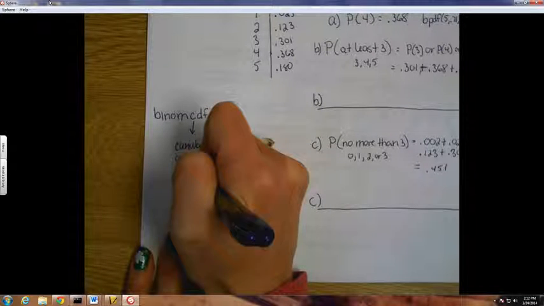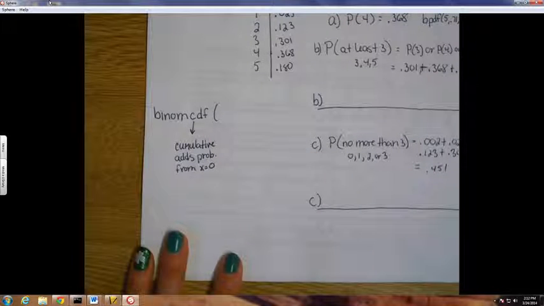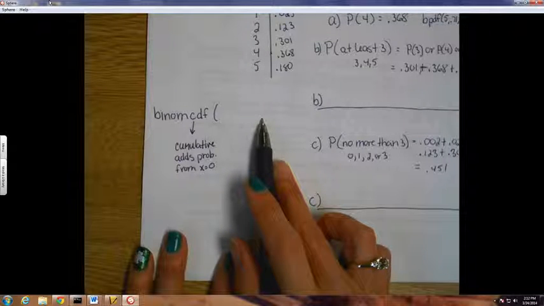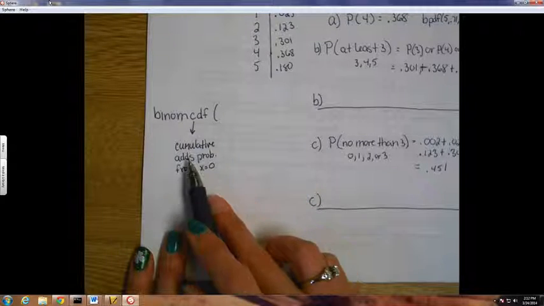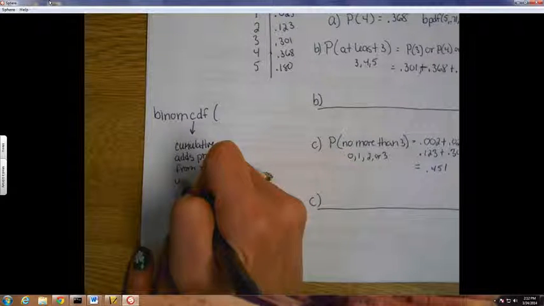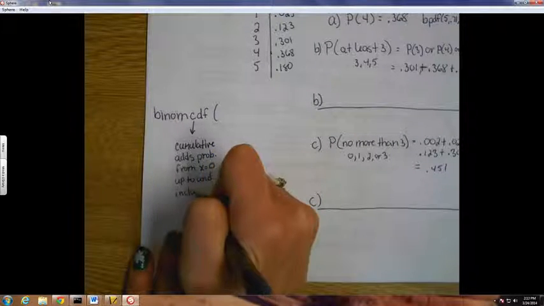It always starts from x equals 0, and it keeps adding up to and including the x number that you put in here. So it adds probabilities from x equals 0 up to and including the x value entered.